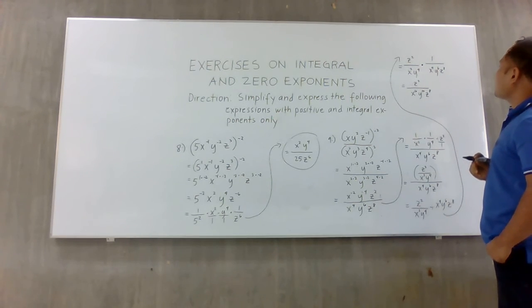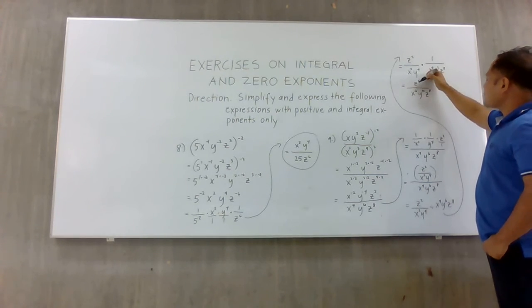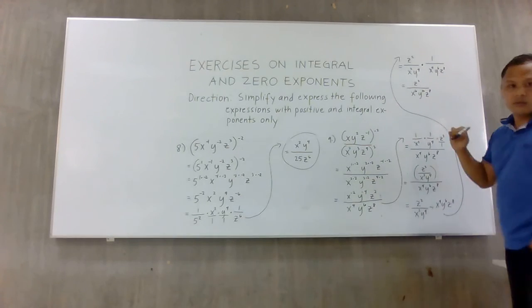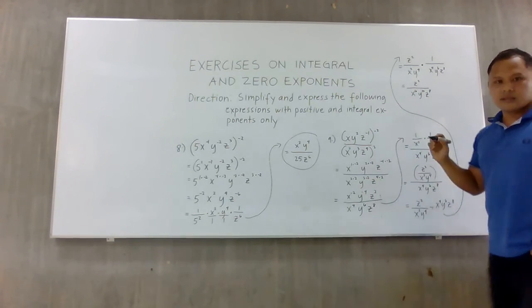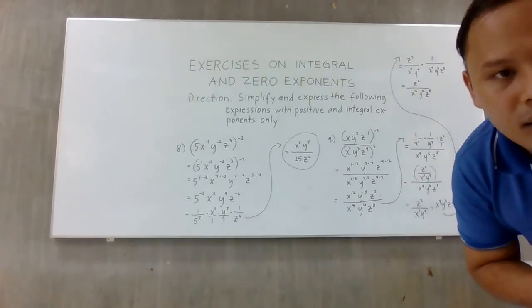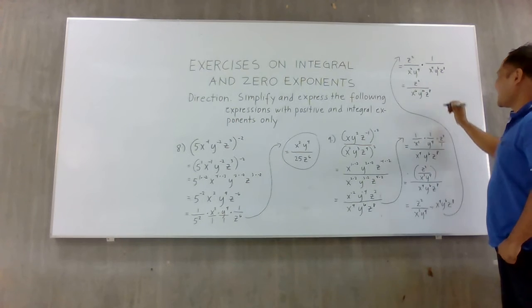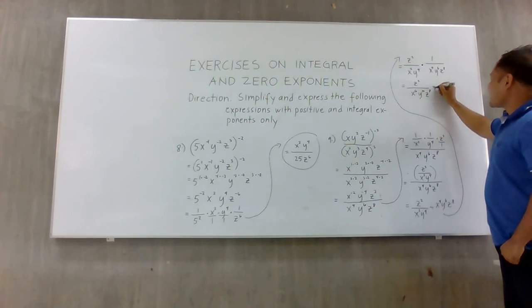Alright. It happens that we have z in the numerator and we also have z in the denominator. Can you still see? Alright.